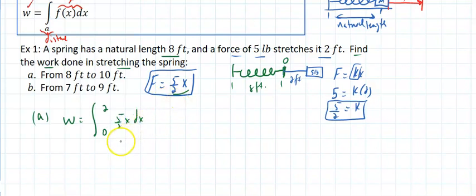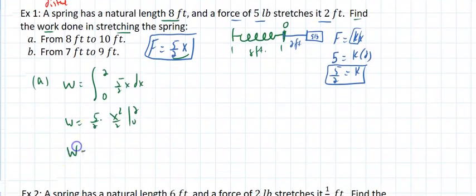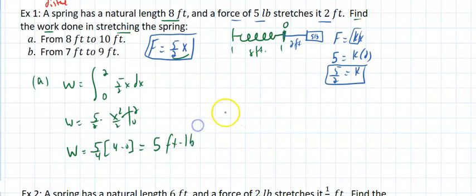If you work this out, 5/2 is a constant, x squared over 2 evaluated from 0 to 2, and that would be 5/4 times 4 minus 0, and that would be 5 foot-pounds.